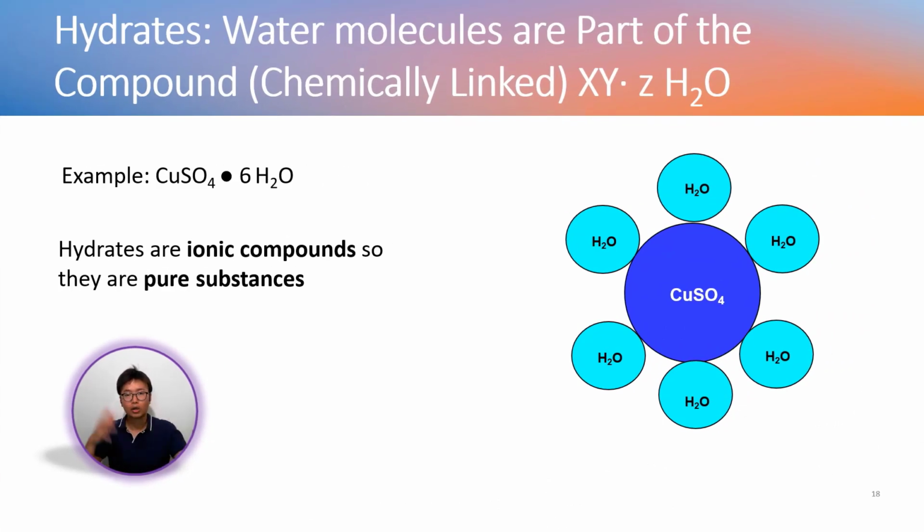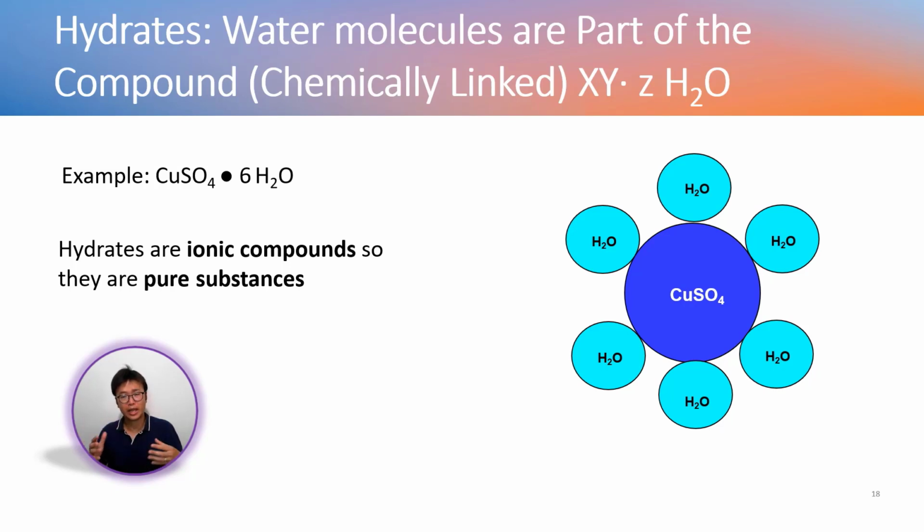Then we have another type of ionic compound, in a little more detail. Sometimes the water molecules from our atmosphere will form a chemical bond with the ionic compound. So this is actually part of the compound; they're chemically linked. We'll study more of that in general chemistry too. For right now, for example, copper sulfate. After we write down copper sulfate, you see a little dot and then 6H2O.